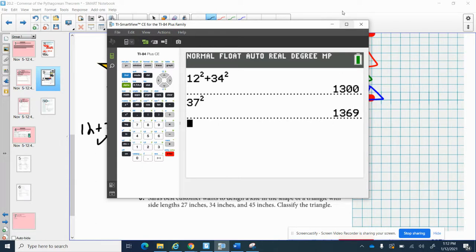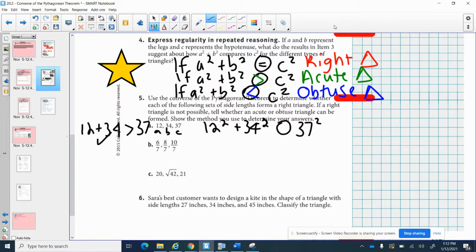So 1,300 is less than 1,369. When it is less than that, we know it's going to be obtuse. So the answer here is this is an obtuse triangle.